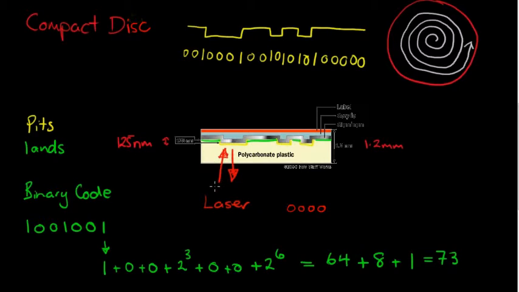It's this polycarbonate plastic layer that is clear, and if we turn a disc over and have a look at the underside, we can see directly through to the aluminium layer that the laser reads. This polycarbonate plastic is quite clear.